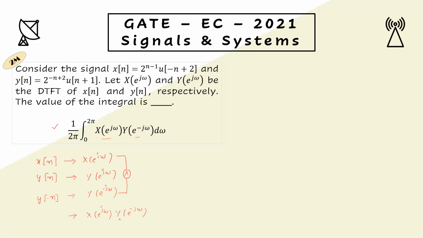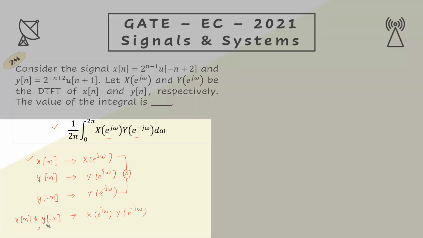Because they are getting multiplied in the frequency domain, what will happen in the time domain? The corresponding signals, which are x of n and y of minus n, will get convolved with each other.